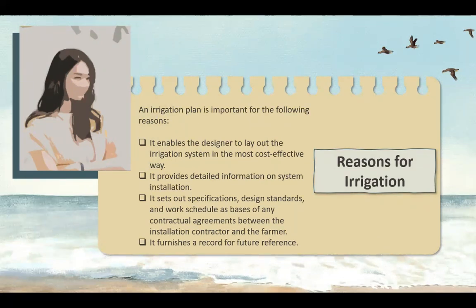Number two, it provides detailed information on system installation. Crop spacing, sprinklers, pumping requirements, pipeline sizes, and lengths are vital information to be included in the plan. If roads, trees, gas, oil, water, telephone, or transmission lines become obstructions, they ought to be stipulated.